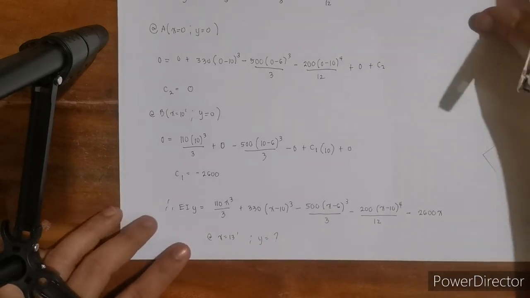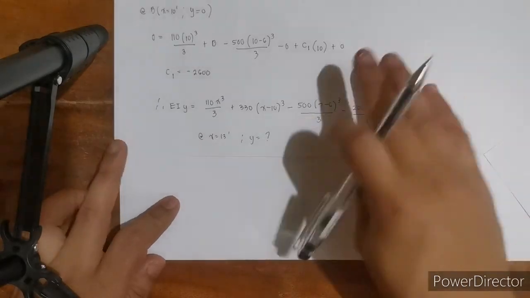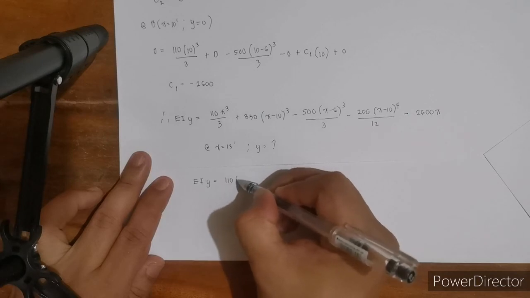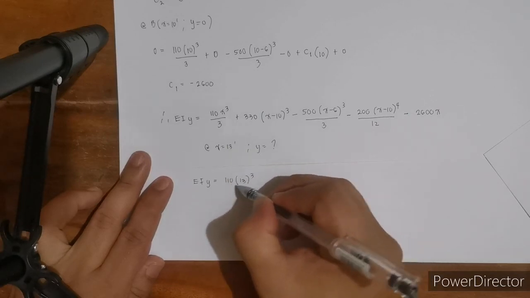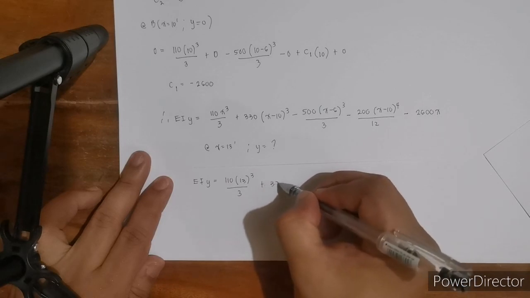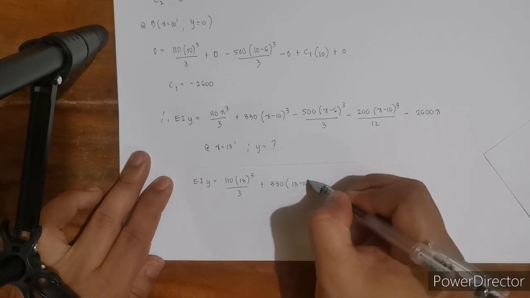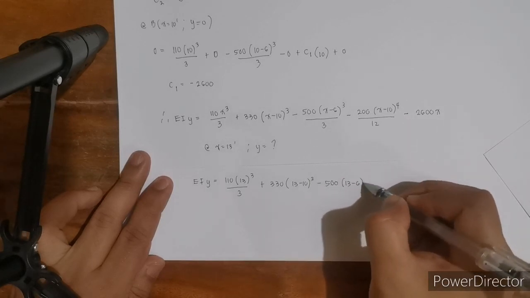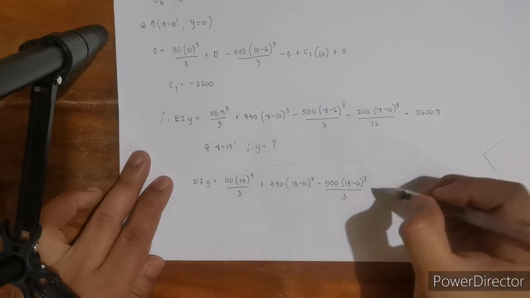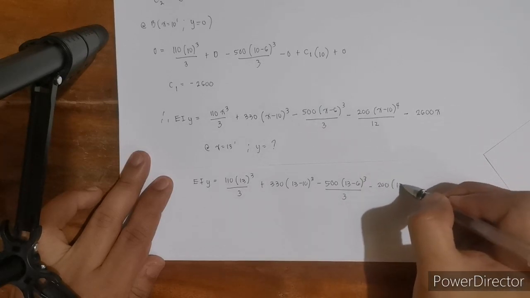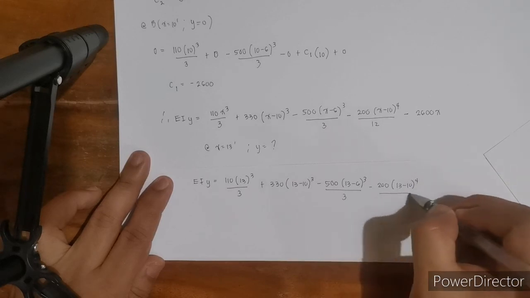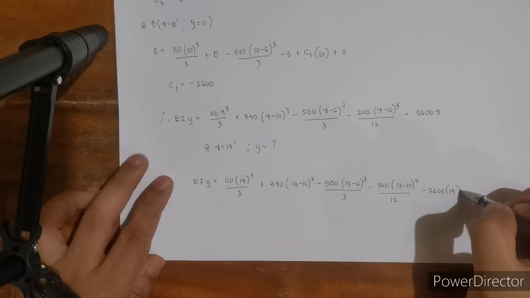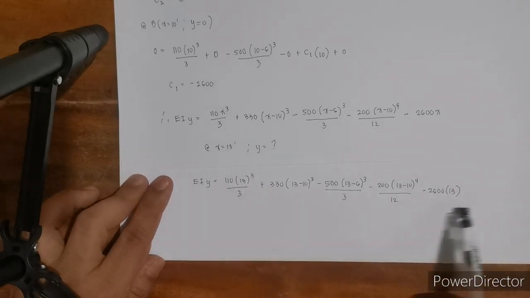So, substituting EI, y is equivalent to 110, x is 13 raised to 3 over 3 plus 330, 13 minus 10 raised to 3 minus 500, 13 minus 6 raised to 3 over 3 minus 200, 13 minus 10 raised to 4 over 12 minus 2,600 times 13.